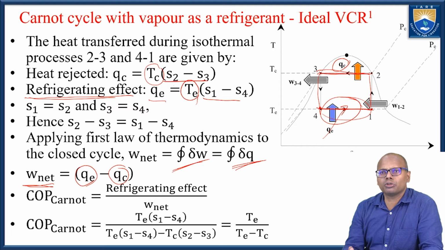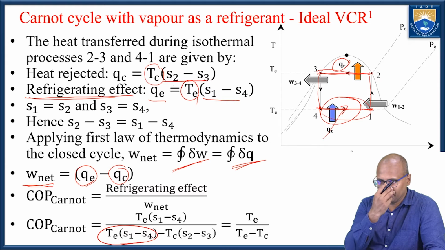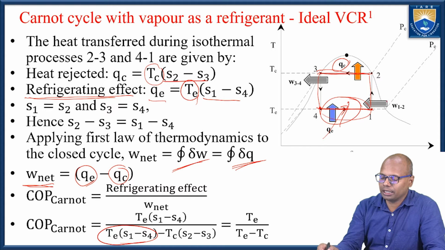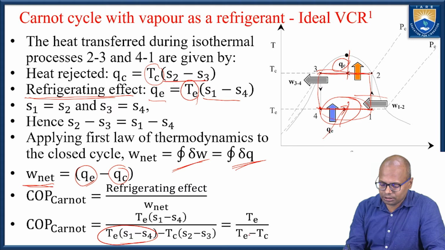So what is the amount of heat that is being rejected? In the evaporator, we are taking heat and adding some work, and we are rejecting it in the condenser. So it should be TC minus TE.